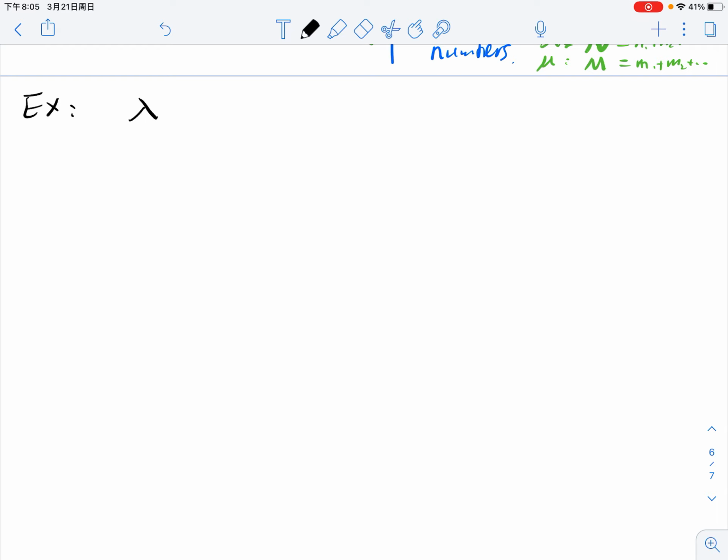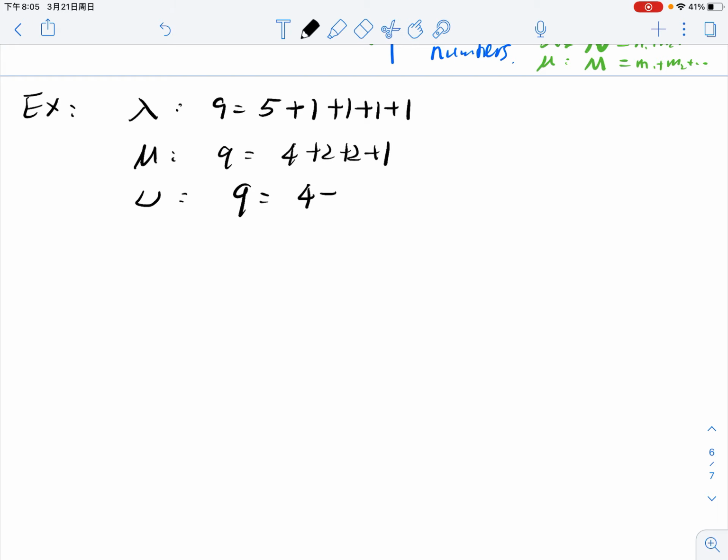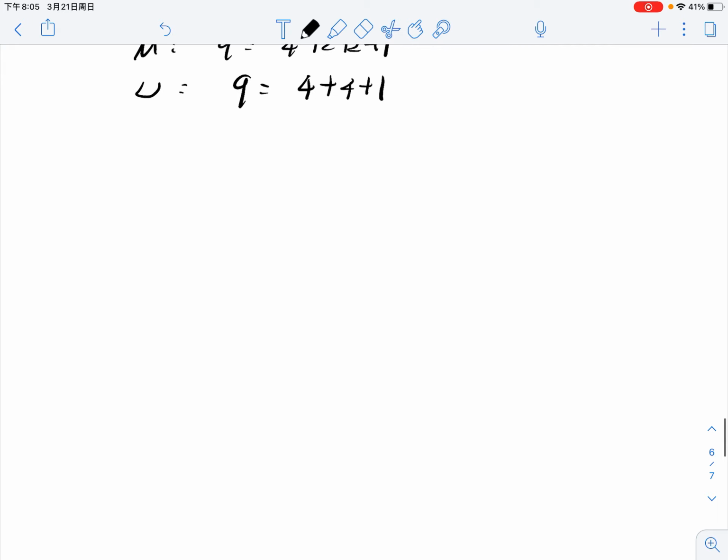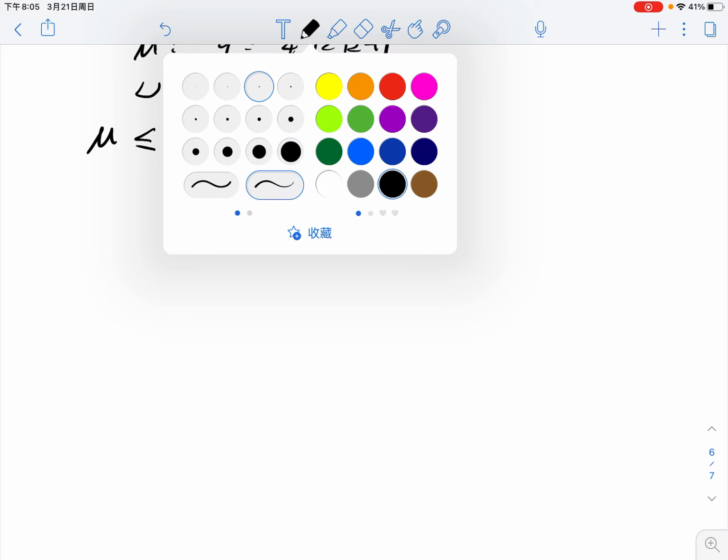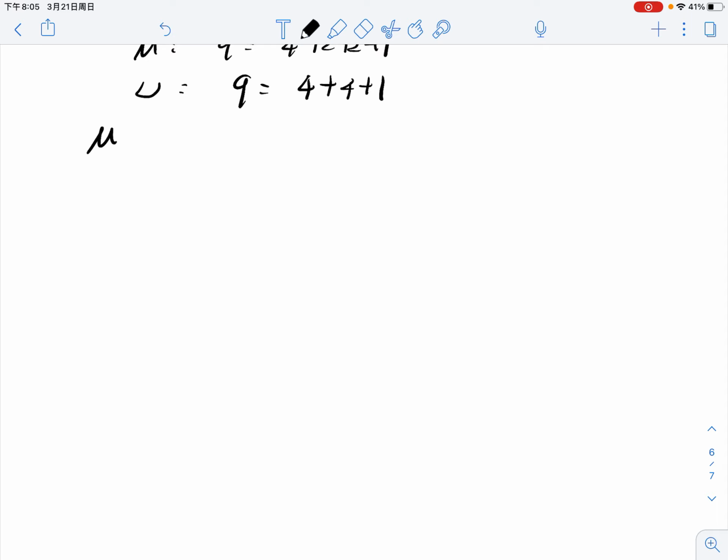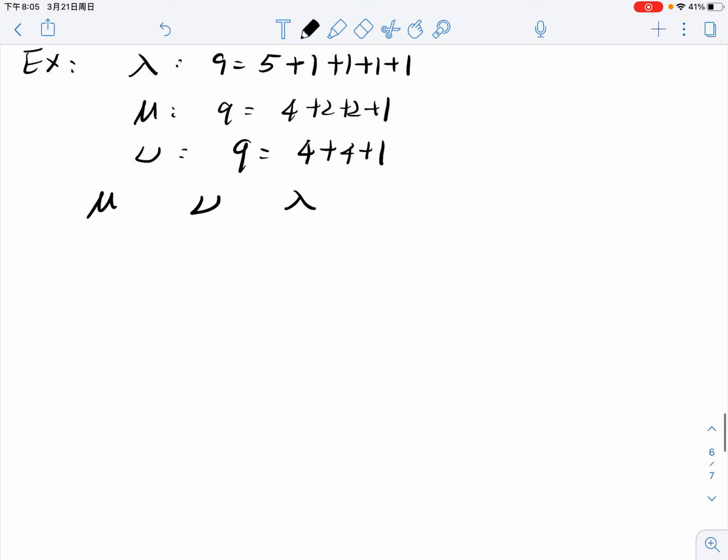So first, we introduce three partitions. Lambda is 5 plus 1 plus 1 plus 1 plus 1. Mu is 4 plus 2 plus 2 plus 1. Nu is 4 plus 4 plus 1. And then for the first term, we have 4 less than or equal to 4 less than or equal to 5.